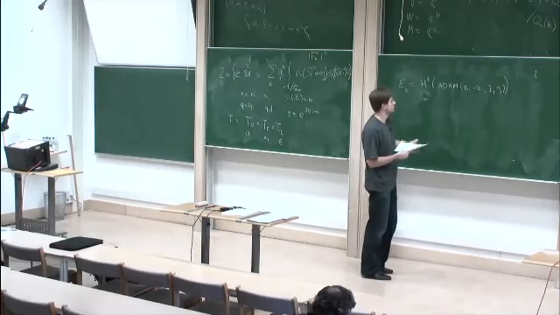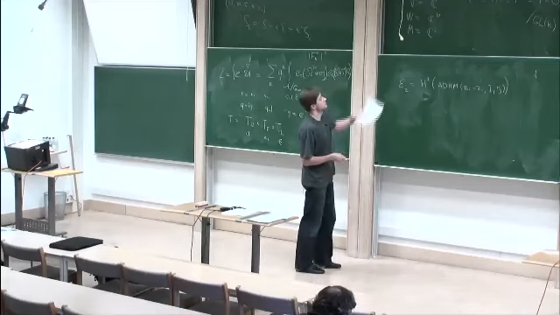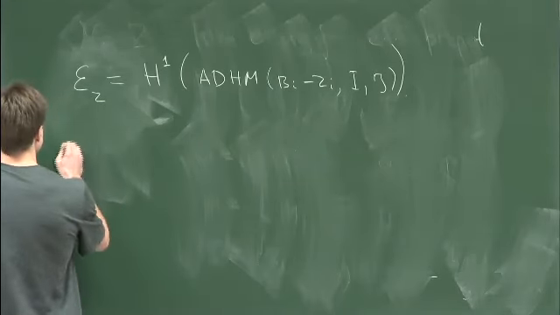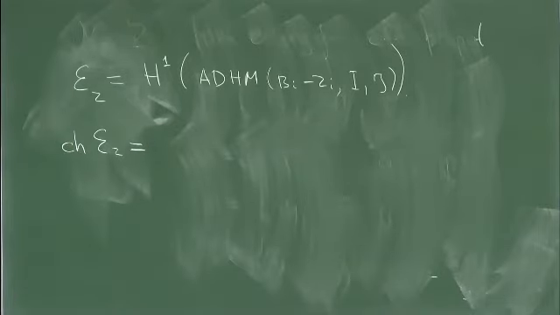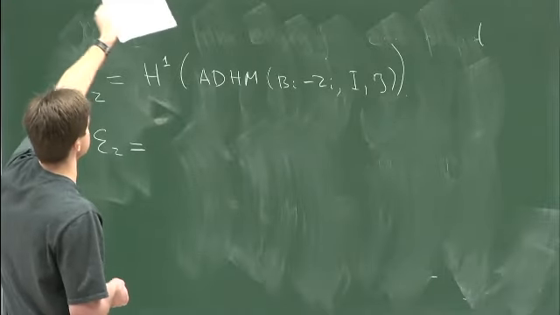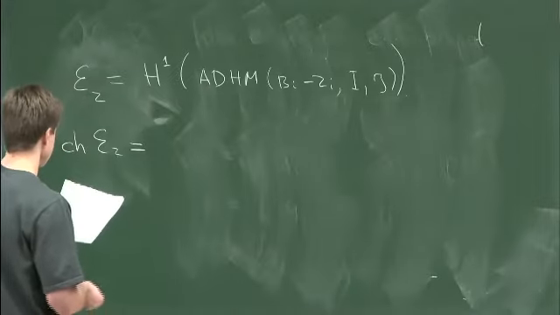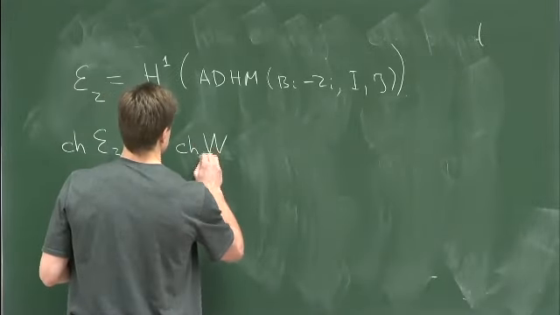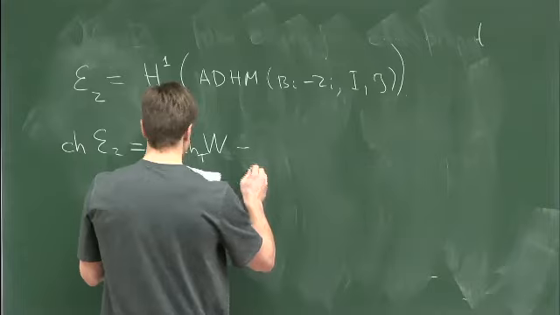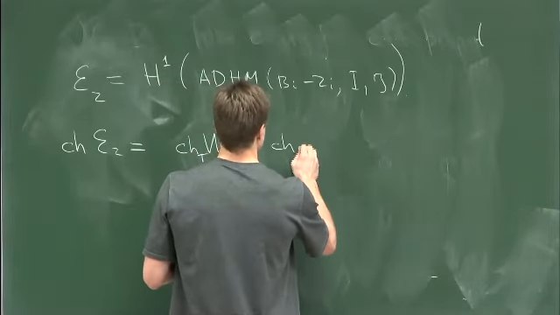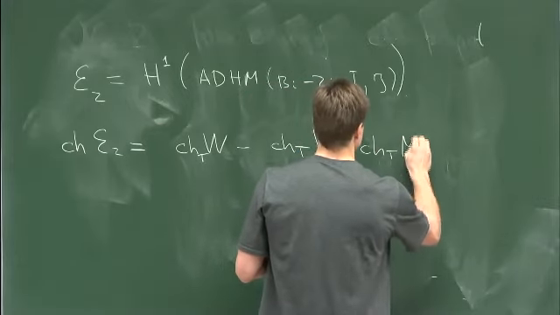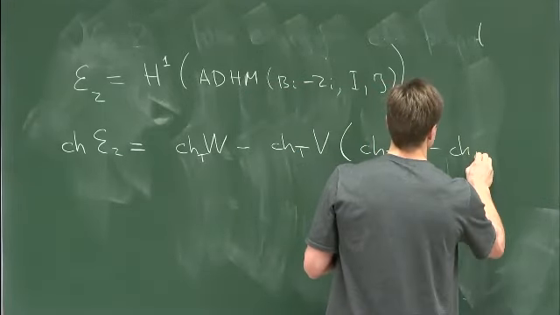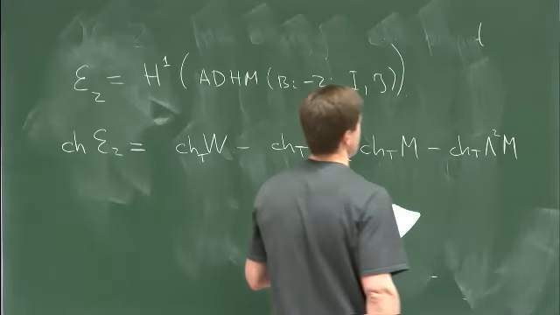Here, the Chern class of the corresponding ADHM triple would be: you just sum the Chern classes in the middle and subtract the ends of the sequence, and you get ch_t of W minus ch_t of V times ch_t of M minus ch_t of Lambda squared of M.